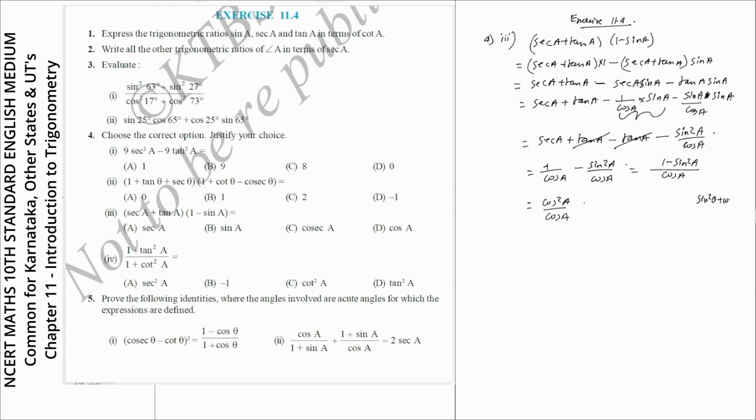Sin square theta plus cos square theta is equal to 1. Therefore cos square theta is equal to 1 minus sin square theta. Okay, this is the trigonometric identity which we already learnt. Therefore here 1 minus sin square A is cos square A. Now here cos and this power of 2 will get cancelled, so cos A will be left.